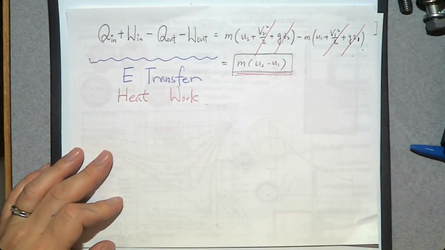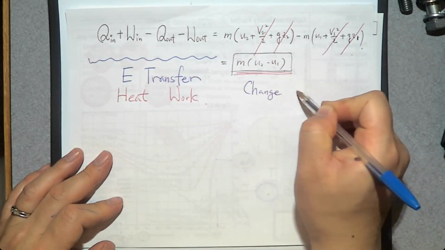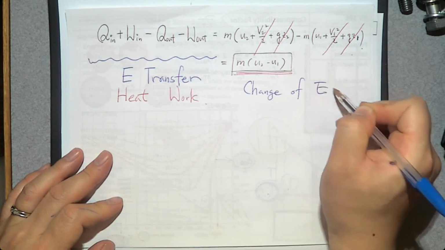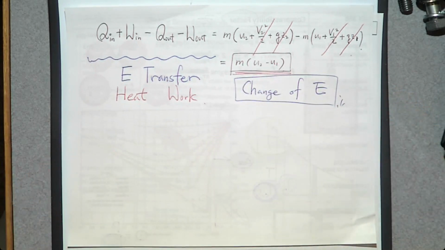And what is the right-hand side? The change of energy. So the left-hand side is the cause, the right-hand side is the result.